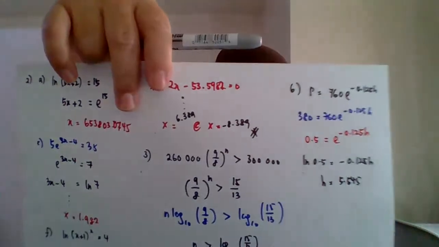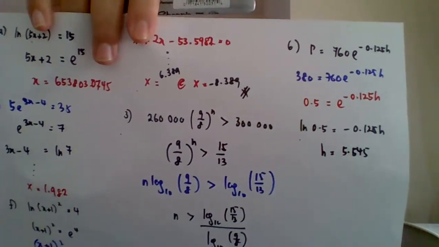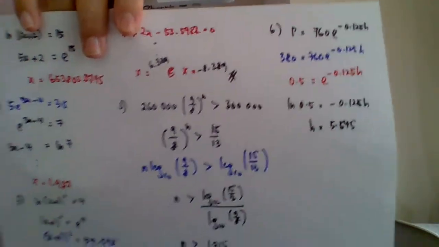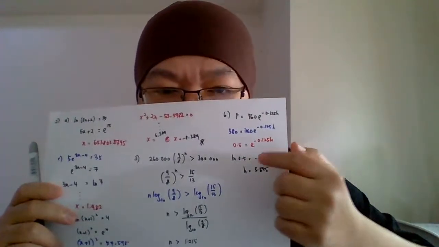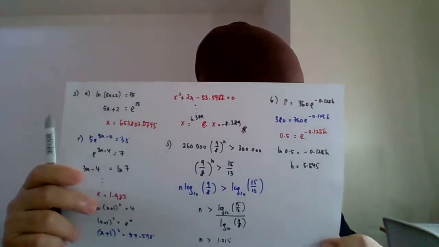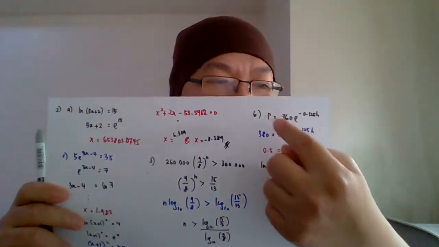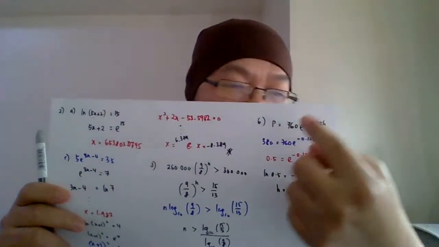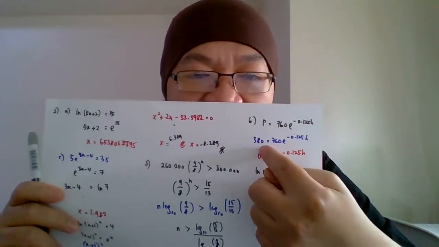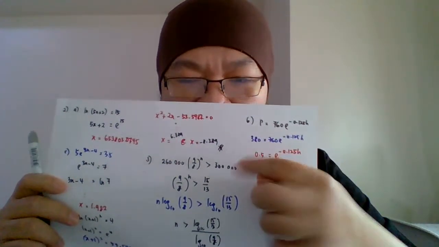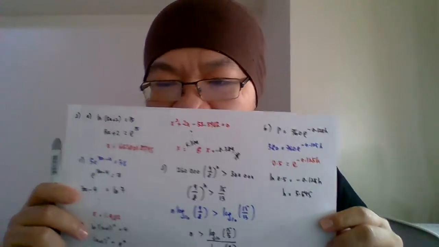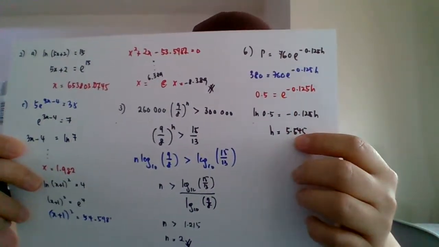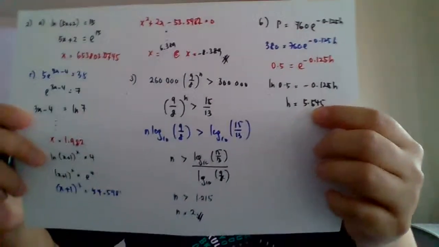That is your height, the height needed so that the pressure will become 380 millimeters of mercury. Settle. Sandra also got the same answer, 5.55, because she rounded off to 2 decimal places.